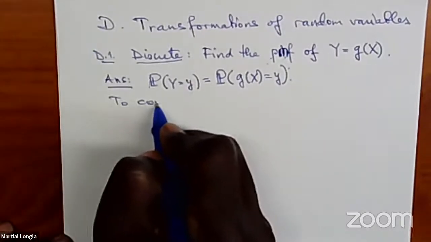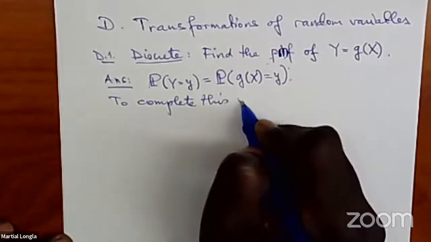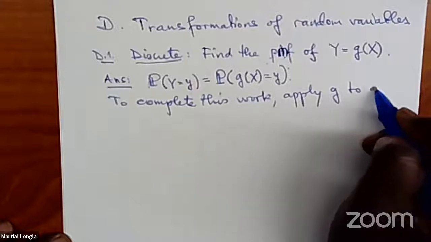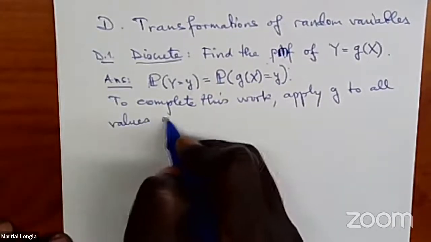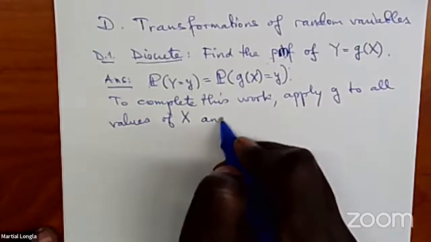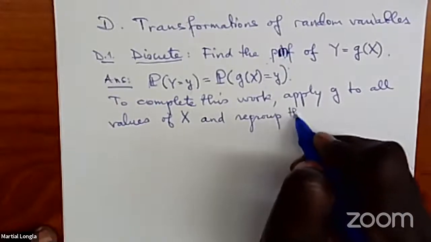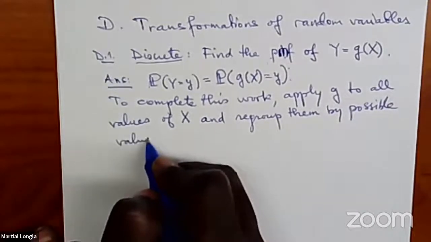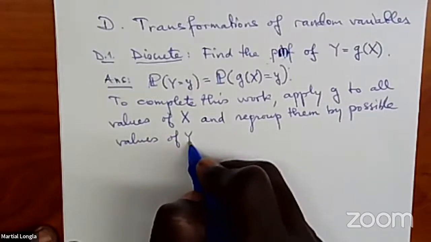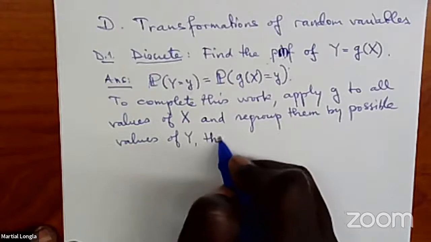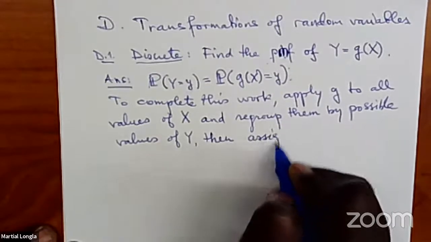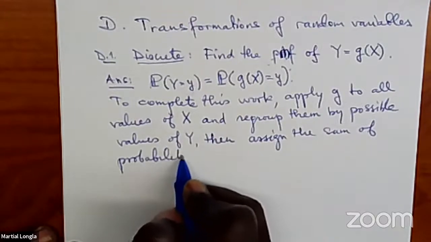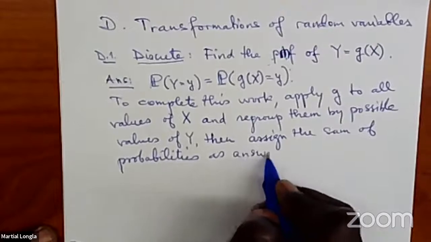What I need to do to complete this work is apply g to all values of x and regroup them by possible values of y, then assign the sum of probabilities as the answer, which means what?